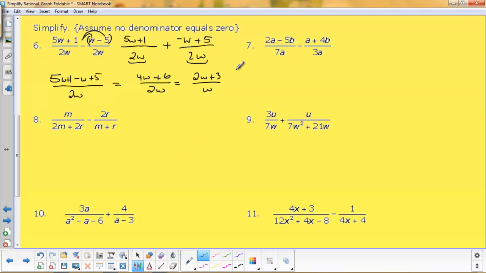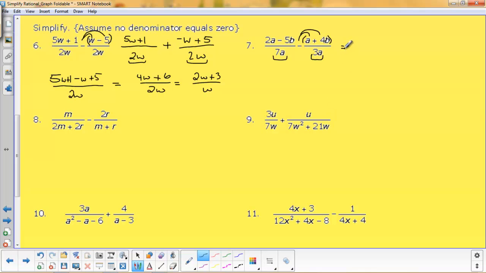Question number 7 is our next problem that we're going to be working on. Question number 7 does not have a common denominator, and likewise is subtraction. So please remember, you'll be distributing that minus sign throughout the entire problem.